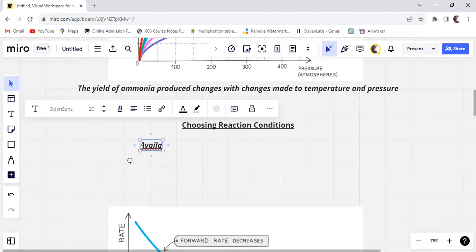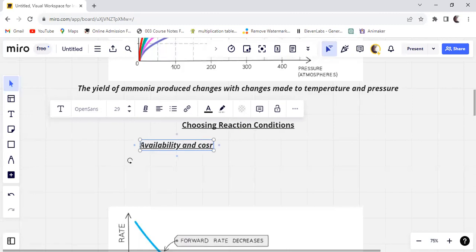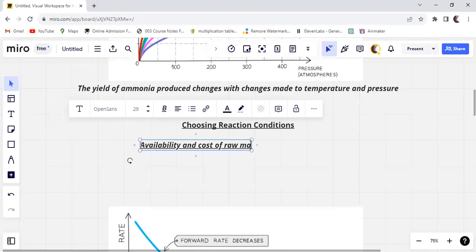I can write it over here on the board: availability and cost of raw material. You must consider this because it is involved in the economic considerations while setting up the industry or the company that manufactures or sells the chemical goods to make profit.